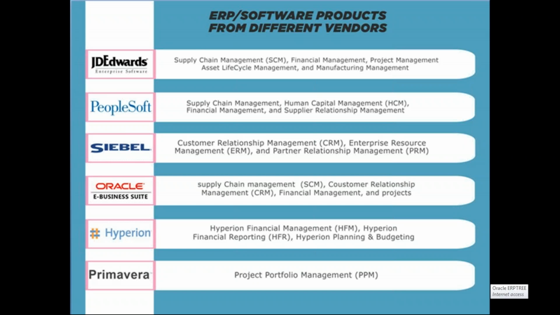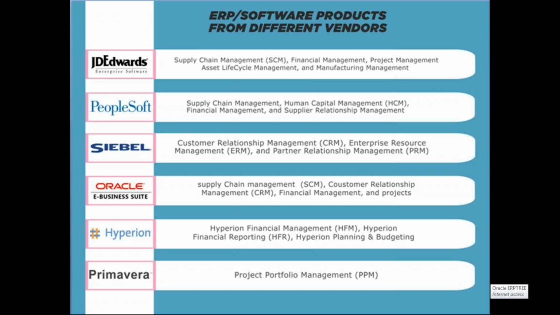So there are many ERP products in the market. But if you look at any ERP, not all the areas of solutions are very famous. If you take the example of JD Edwards, maybe the supply chain management solution may be good. PeopleSoft offers supply chain management, human capital management, financial management, and supplier relationship management.